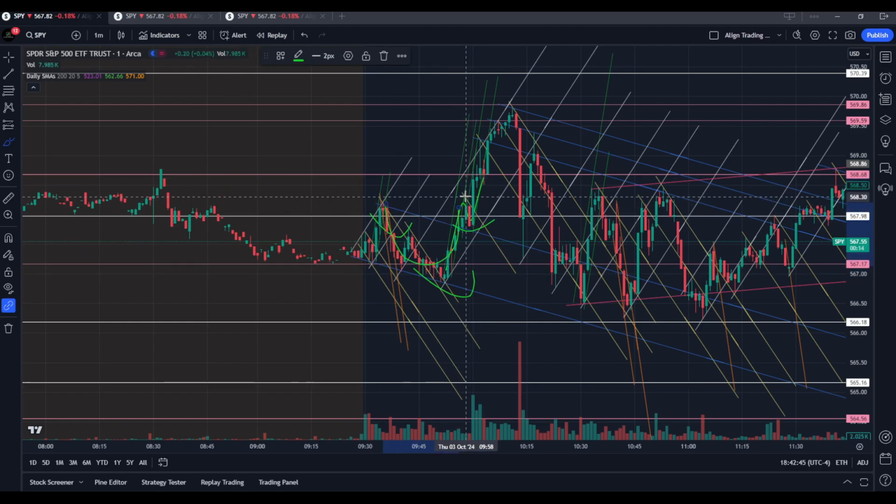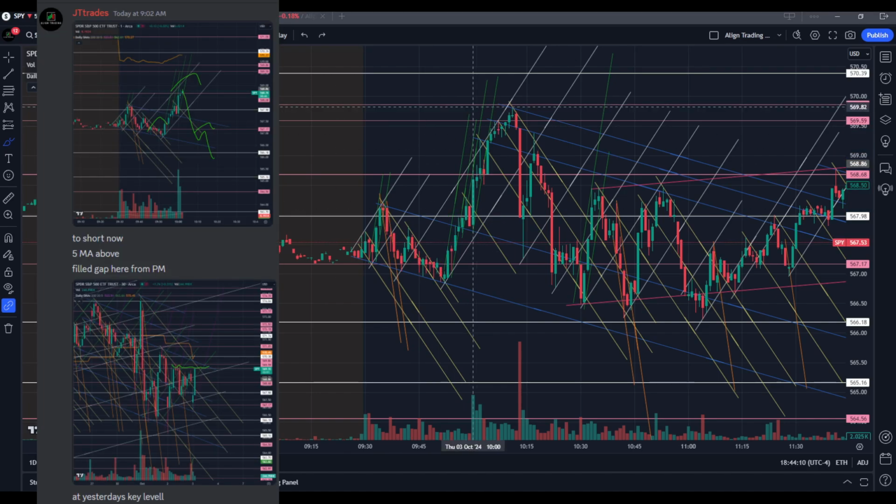We close that cup right here, and within the yellow and blue algorithm form that inverse head and shoulder and get this move to the upside. Now I explained that if you were looking to short this on the way up right here, you have to be looking for this head and shoulder to form, right? You can see how it starts to form up here. Big candle down, and we start to form this inverse cup once again, right?